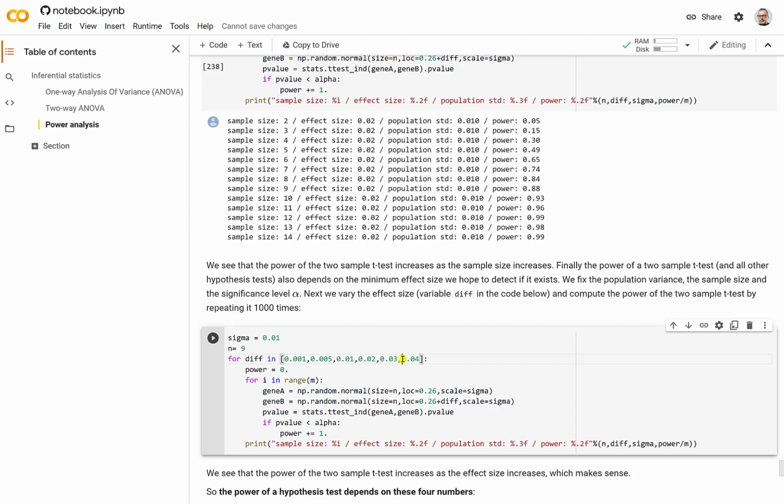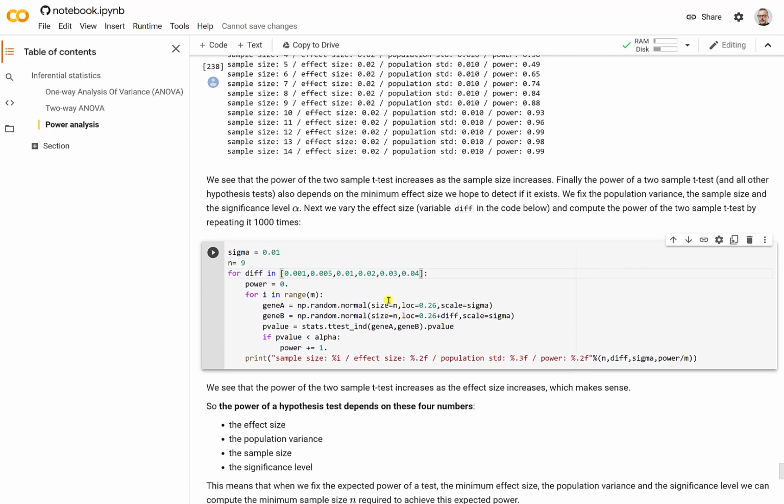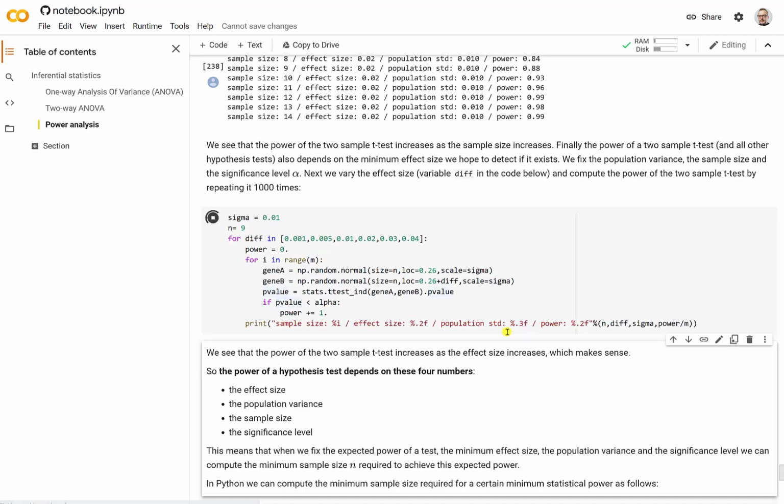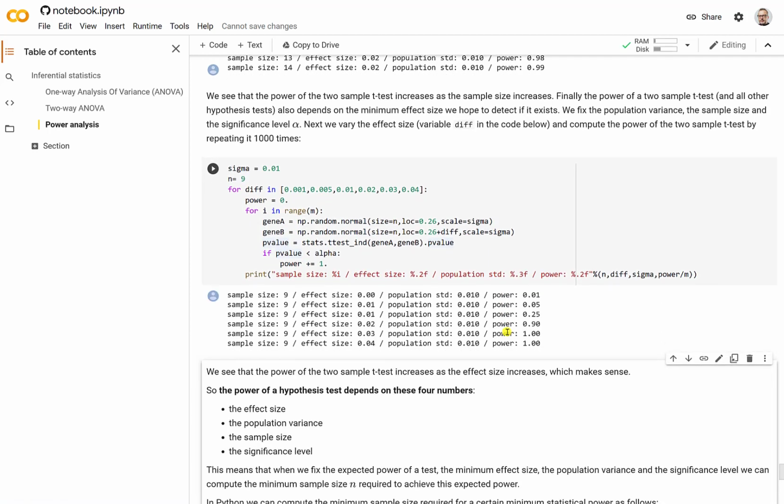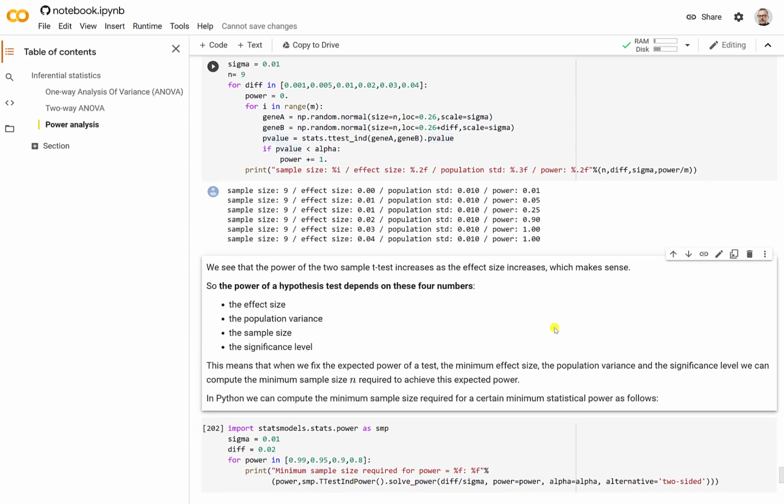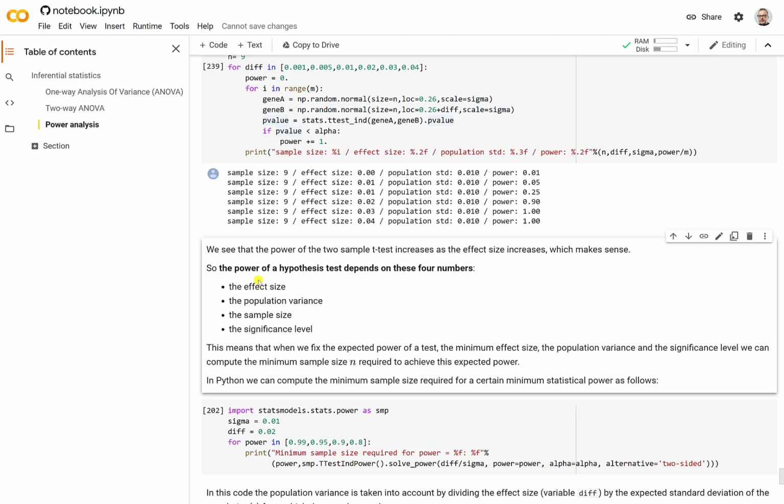So a much clearer difference between the two sample means. Okay, everything else we can fix. If we do that, of course, as expected, when we increase the effect size, it becomes easier, so more apparent, and of course the power of our test significantly increases.